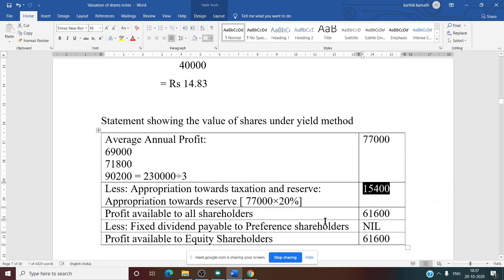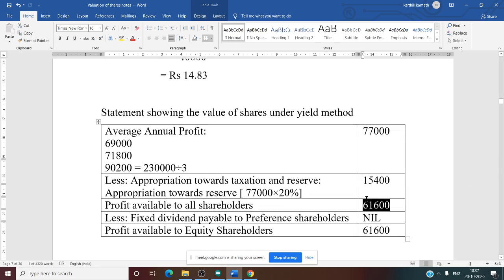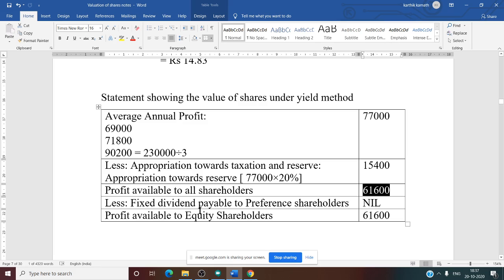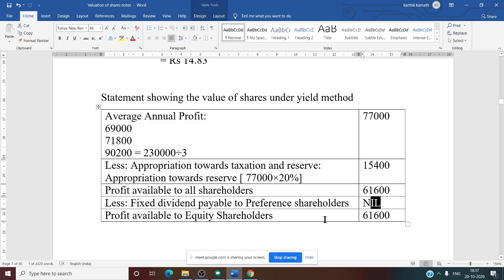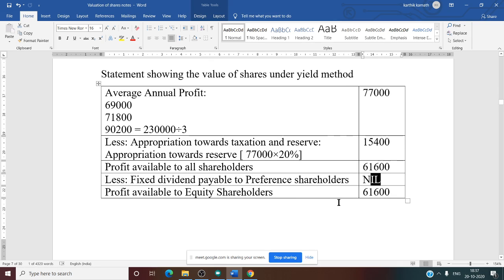So from AAP deduct reserve; the final amount is profit available to all shareholders, that is 61,600, 77,000 minus 15,400. From that you need to deduct dividend, but in this question there is no information about dividend. Fixed dividend payable to preference shareholder, nil. That is why profit available to equity shareholders is 61,600. So this is the final amount.